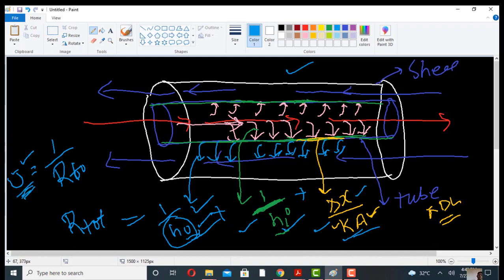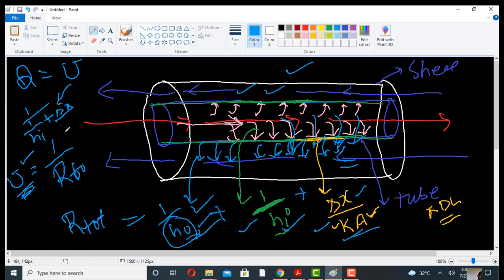During heat exchange through this heat exchanger, through the tube and shell side, the heat transfer is given by Q equals U A times the temperature difference. The overall heat transfer coefficient is 1 divided by 1/Hi plus Δx/K plus 1/Ho, which is equal to U. Now what is the temperature difference?